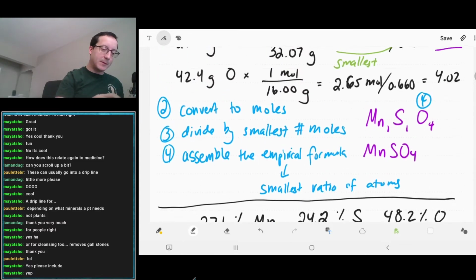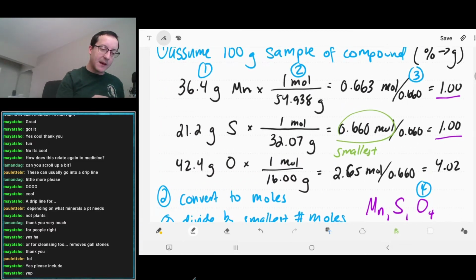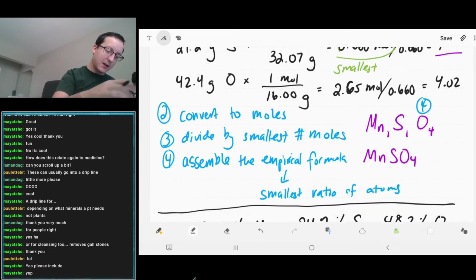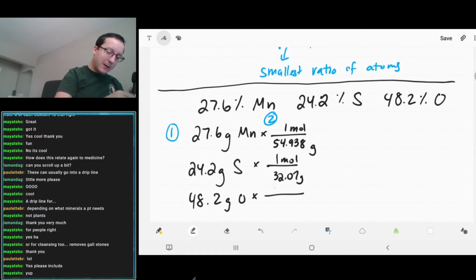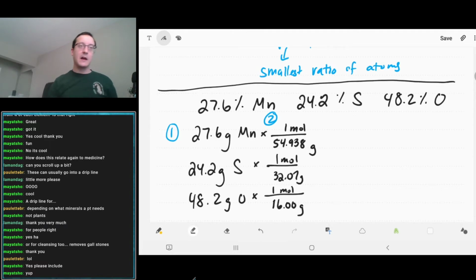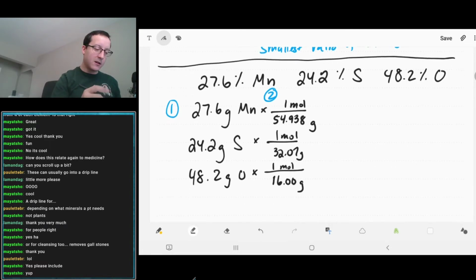I'm just going to scroll up to get that atomic mass of manganese again, so 54.938. And again, I'm able to do this super quickly because I have these already in my head.